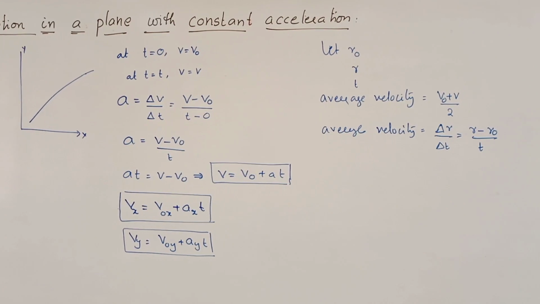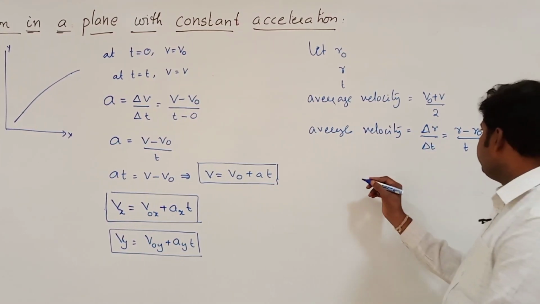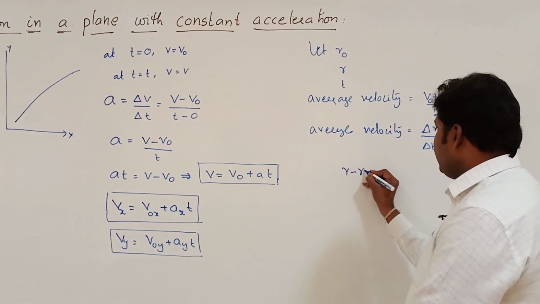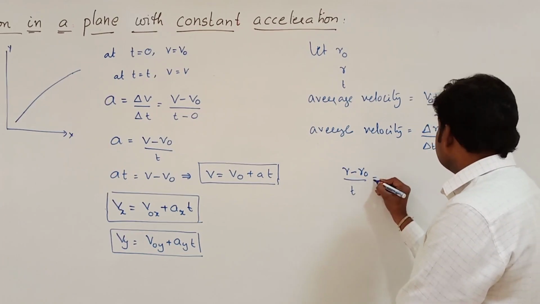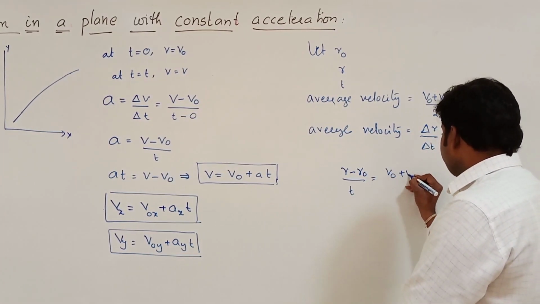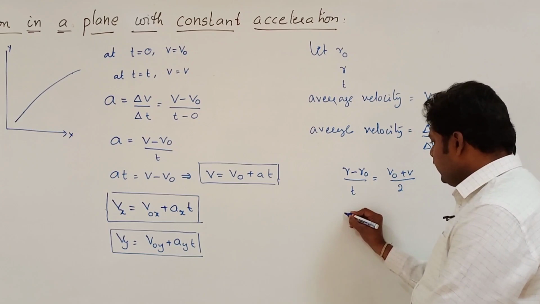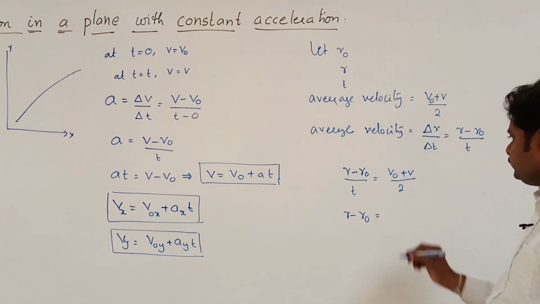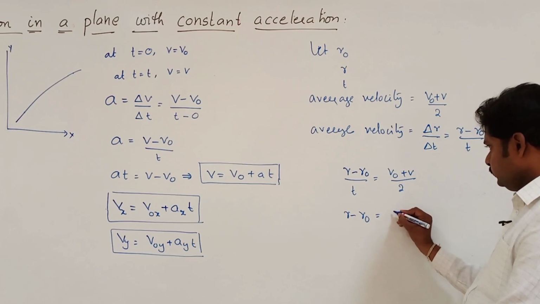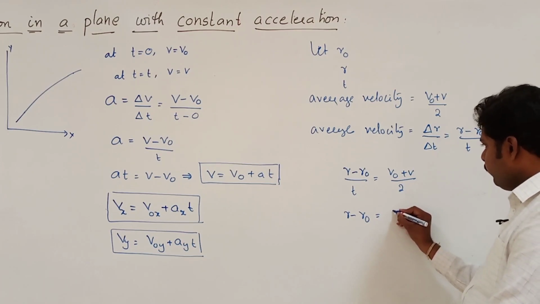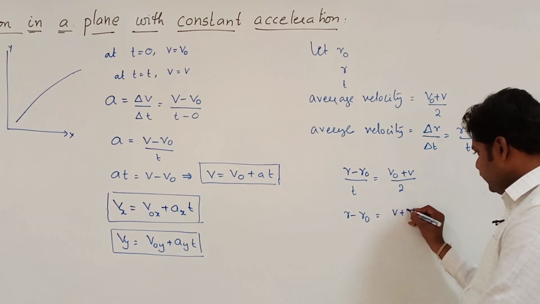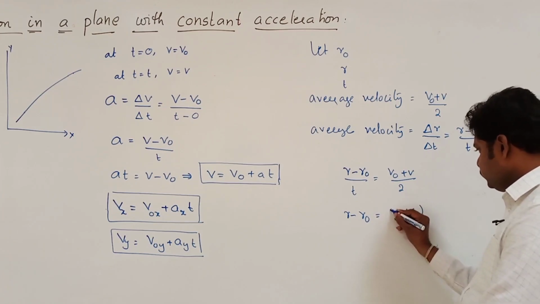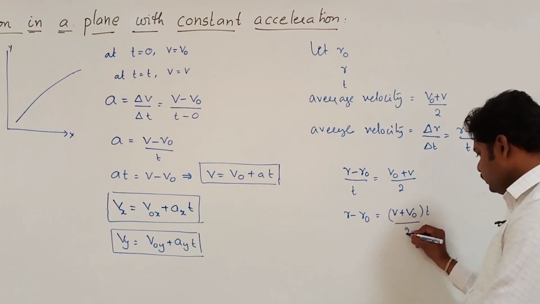Both you can equate. r minus r naught by t is equal to v naught plus v by 2, so r minus r naught is equal to v plus v naught into t by 2.